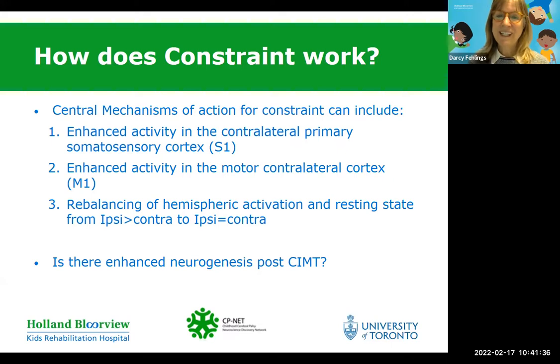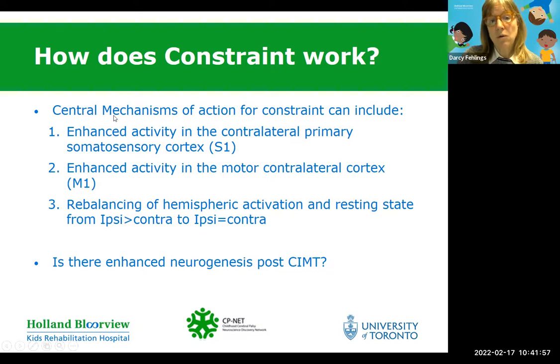So, isn't it exciting to have an intervention where we can actually measure a signal at the brain level? We certainly wish that we could do that in many of our pediatric rehabilitation treatments. So we're excited that we're starting to get this signal at the brain.